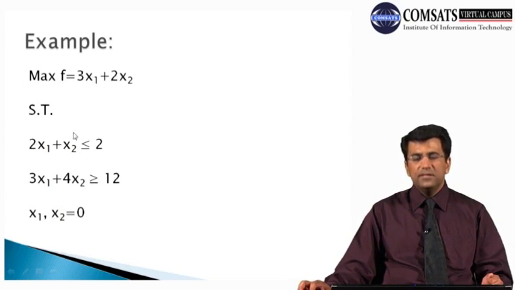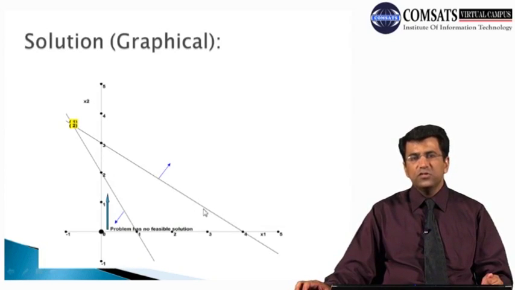Now class, again, this is an example of that infeasible solution. This is our objective function. It is subject to different constraints, and again, if we draw these constraints on this graph, you can see this is the line of one of our constraints, and this is the line for our second constraint. Now the feasible area for this particular line is the area which is above that line, because it is represented as a greater than or equal to inequality, and the feasible area for this particular line is below that line, because it is represented as a less than or equal to inequality.